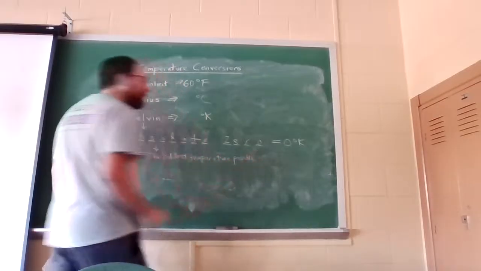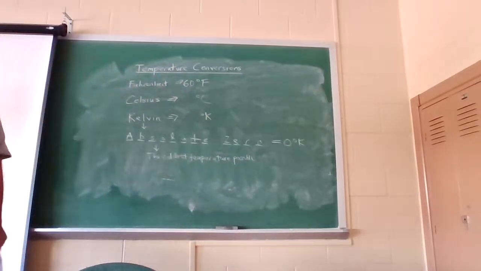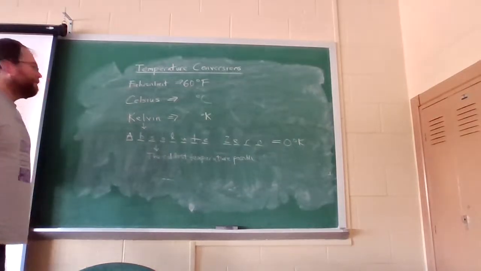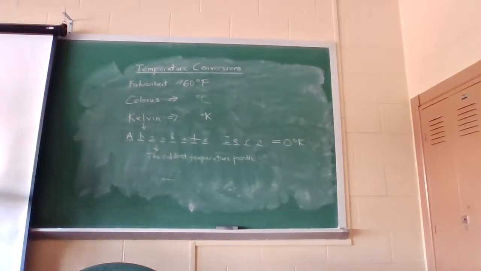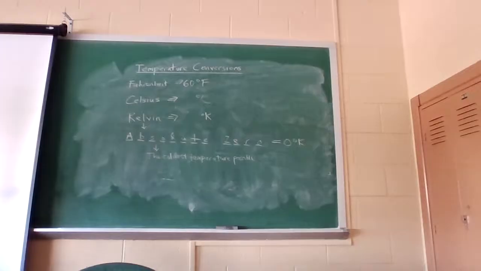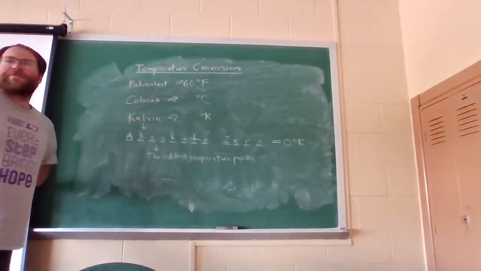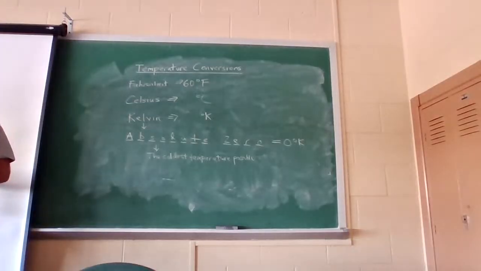What is that in Fahrenheit? How cold is that? Well, it's negative 273 degrees Celsius. So in Fahrenheit, we're probably looking at like negative 300 and something, maybe close to negative 400.